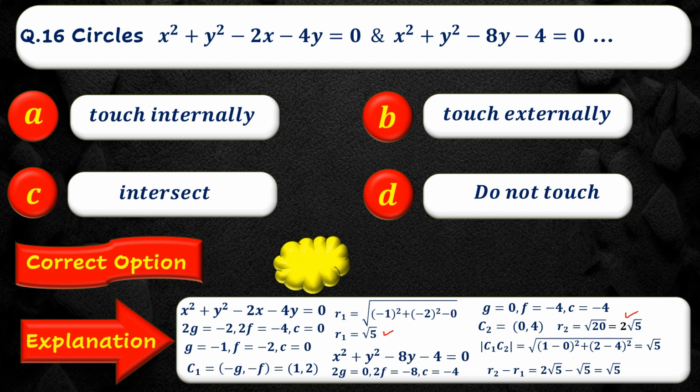Here we see that the distance between centers of circles and the difference of their radii are equal. So if the distance between centers of circles is equal to difference of their radii, the circles touch internally. Therefore, the correct option is option A.